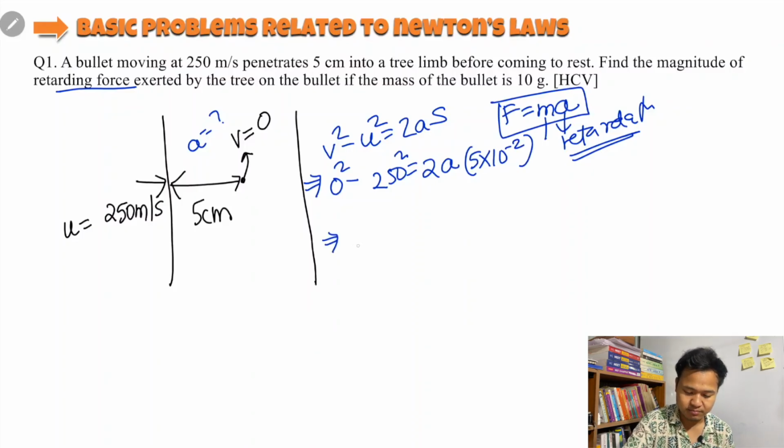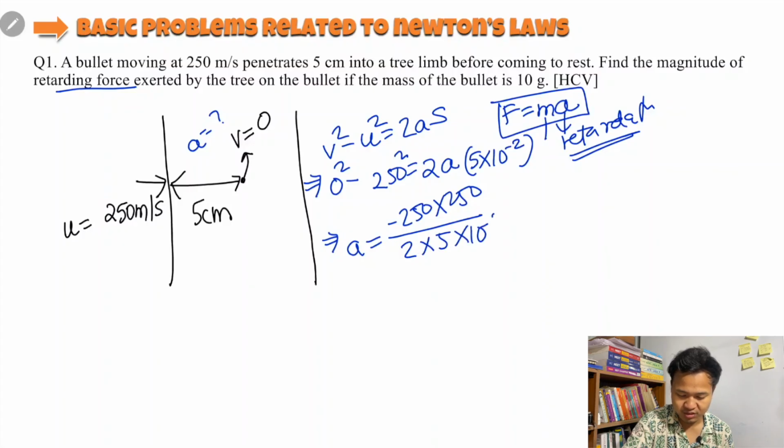So a will be equal to minus 250 into 250 divided by 2 into 5 into 10 power minus 2. You have a minus here. It shows that it is retardation. Okay, it just tells you the direction.